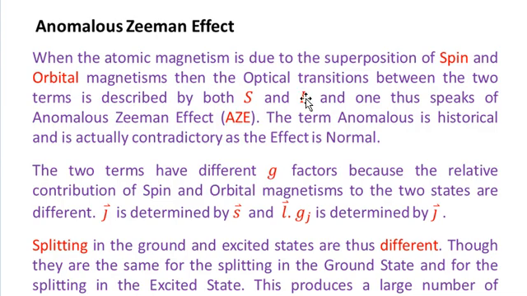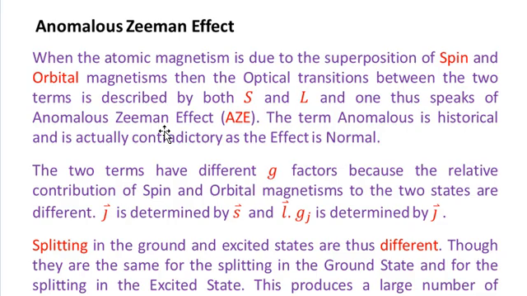So here in the anomalous Zeeman effect, we are considering atoms which have both the spin magnetism and the orbital magnetism present. Under this condition, we talk about the anomalous Zeeman effect.